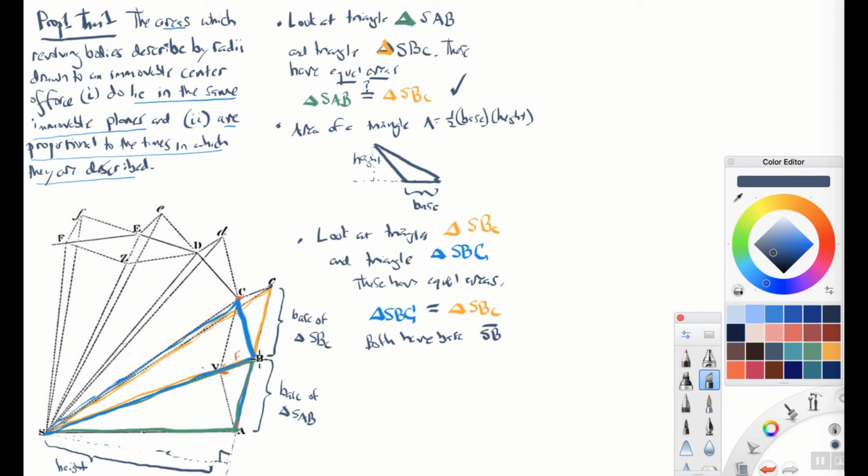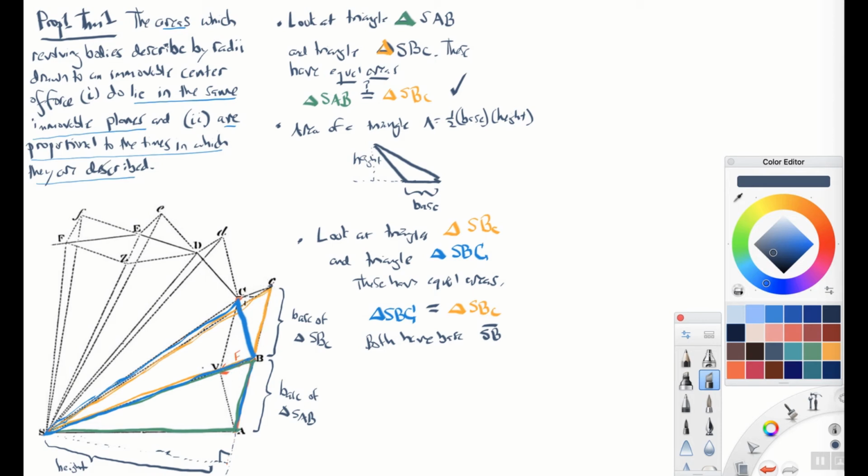CC, is parallel to the line BS, or SB, because that force that we applied at point B directed toward S caused its momentum to change, and the change in momentum is in the same direction as that force. That means that whereas it would have ended up here at little c, the change in momentum is in the same direction, that is parallel to that force, which is directed along BS.